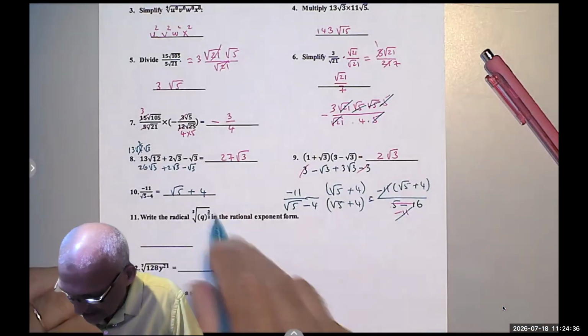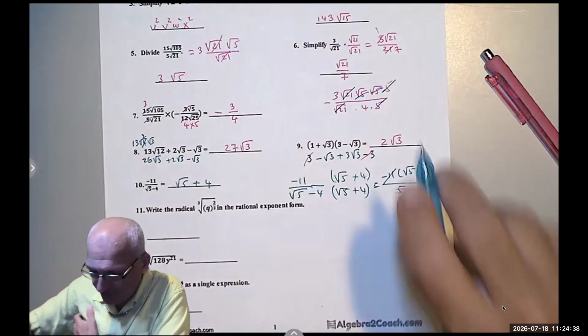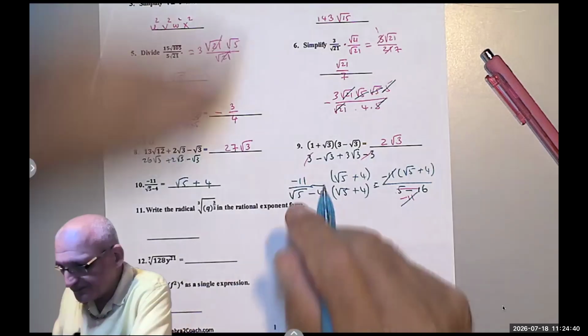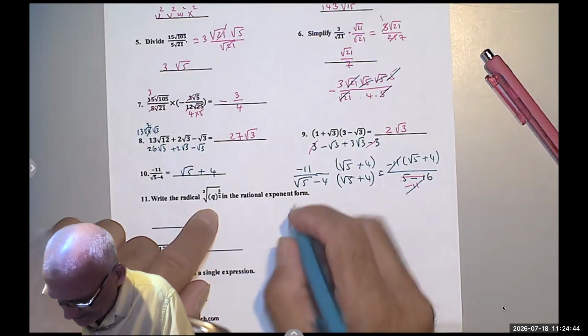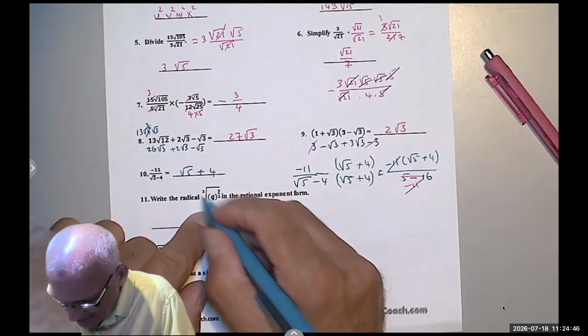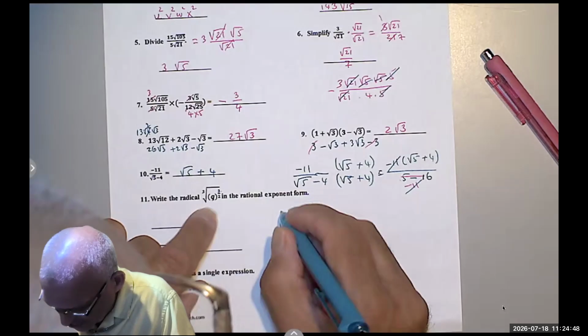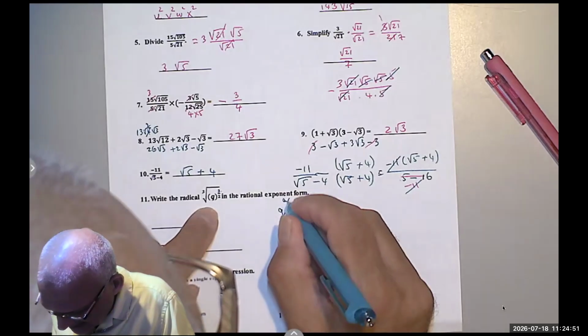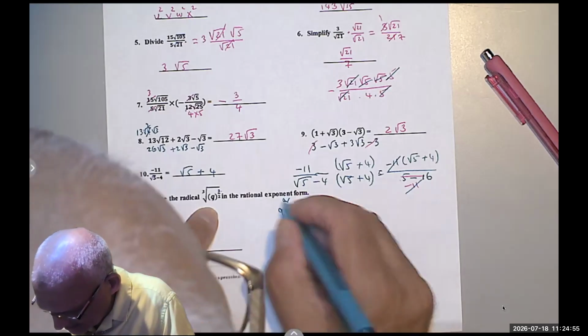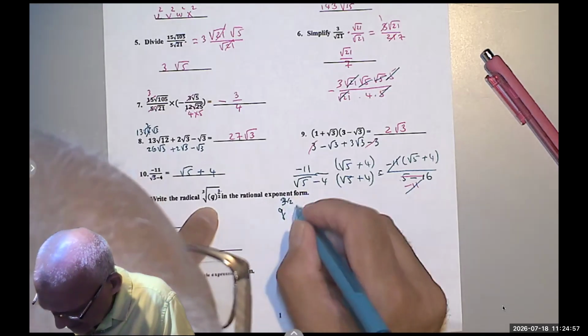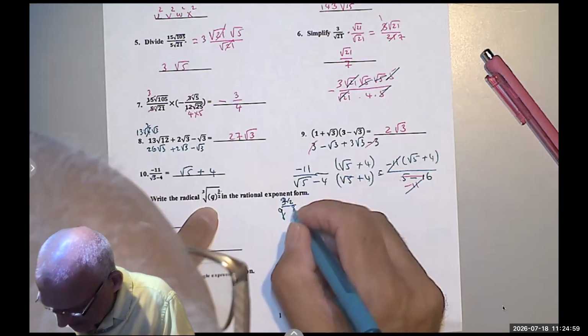Write this radical in the rational exponent form. Well, we know that if I have this number, it's the bth root of q to the a. So it's q to the a, which is, well, I should say 3/2 divided by 3.